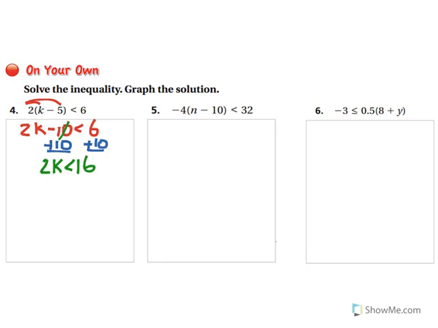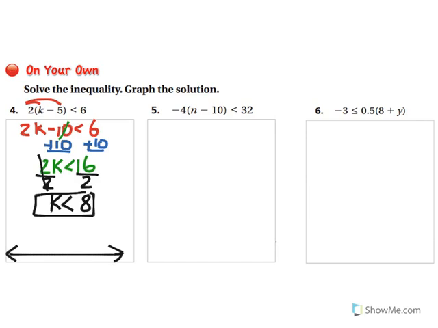And I can now divide both sides by 2. And I finish off with k on the left side and 8 on the right side. Since they are both positive, the sign remains the same. So we have k is less than 8.